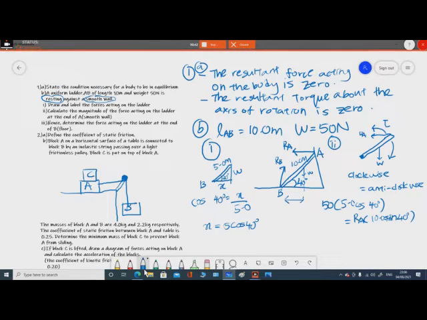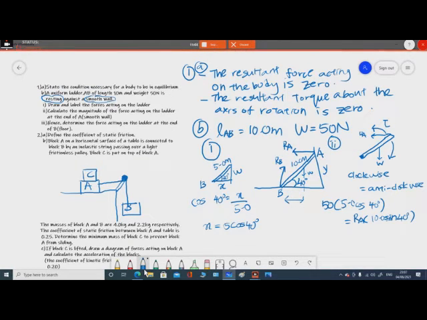So from the diagram, what we want is here, which is y, and sine 40 is equal to the opposite divided by hypotenuse.